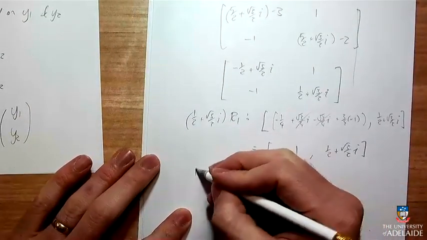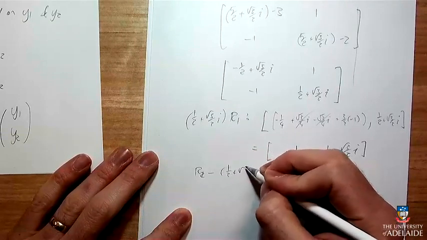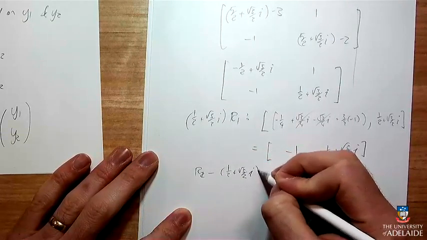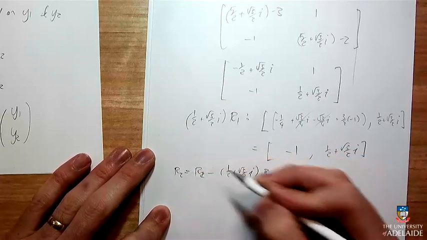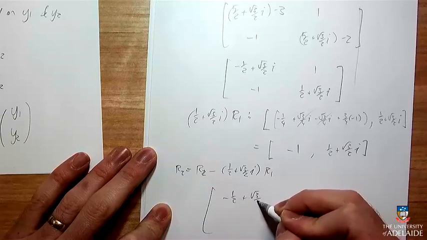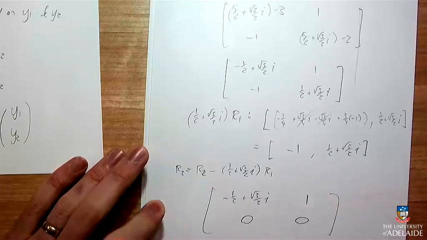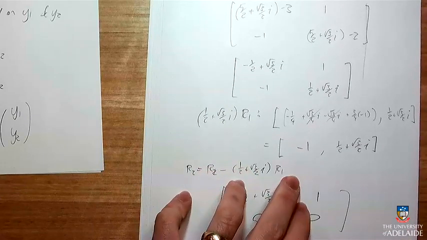So therefore, if I do row 2 minus a half plus root 3 on 2 i times row 1, if I do that row operation, I'm going to get that. Okay, because I just figured out what this times row 1 is.